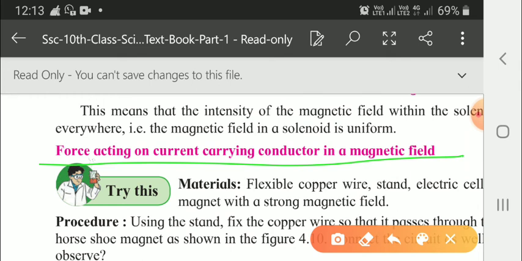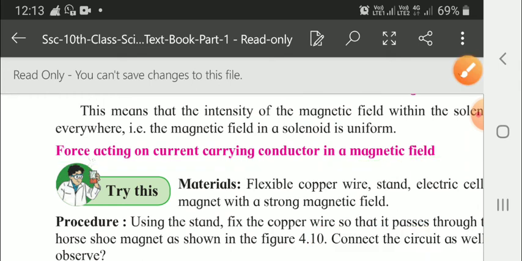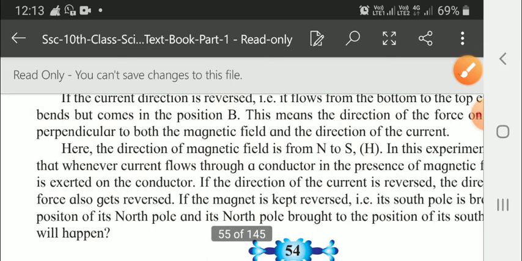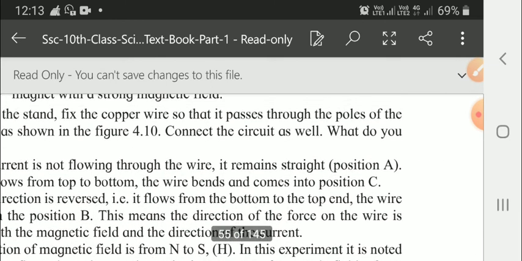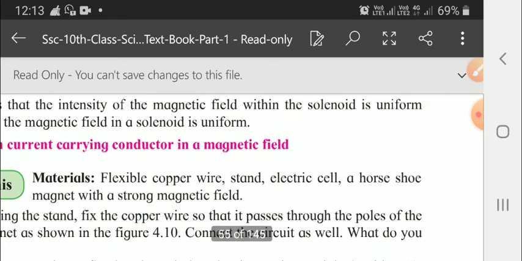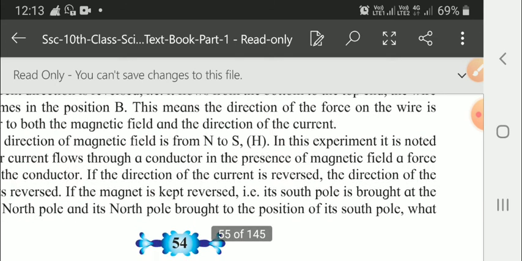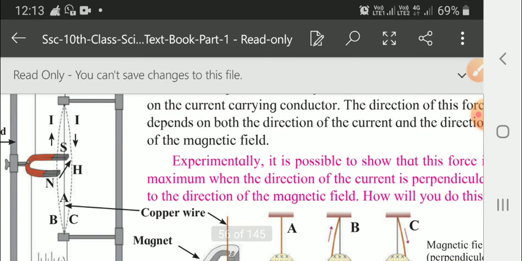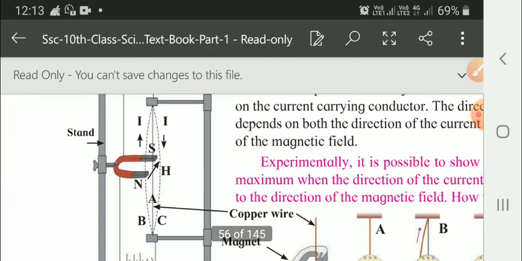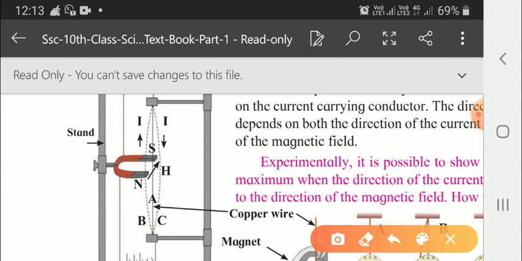Now I'll show you in the diagram here. Now children, this is the diagram for that.